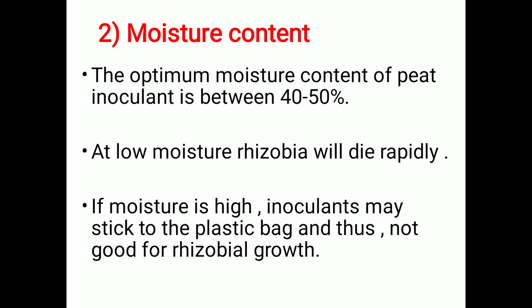But if the moisture content is less, they will die. If moisture is high, the inoculants may stick to the plastic bags, and thus it is not good for rhizobial growth. That means the growth of rhizobium does not take place if the moisture is too high or too low. So the optimum, 40 to 50% moisture, is required.